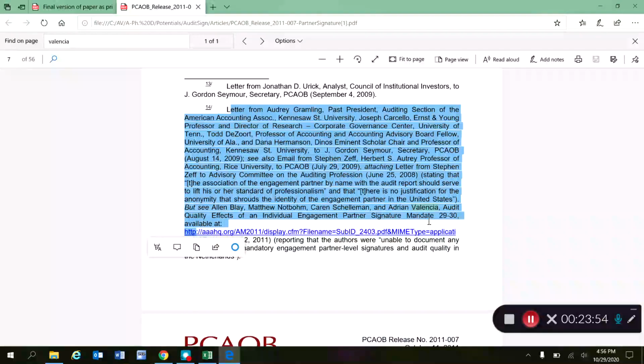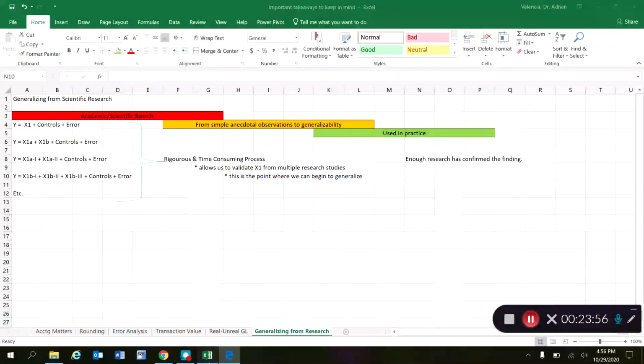When I say that your anecdotal evidence is not generalizable, well, it may or may not be, but you have to understand your place. Your place is based on a few observations, whereas the place of the academic researcher is based on a big sample that allows us to generalize. We look at sometimes the whole population, and we try to grab the whole population so that we can generalize.